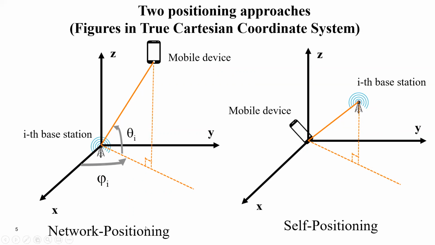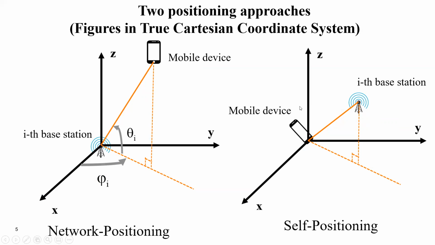In network positioning, it is straightforward to estimate phi i and theta i, because the orientation of the antenna array at the base stations is fixed and unchanged. However, in self-positioning, we do not know the orientation of the mobile device, and this orientation can change at any time.